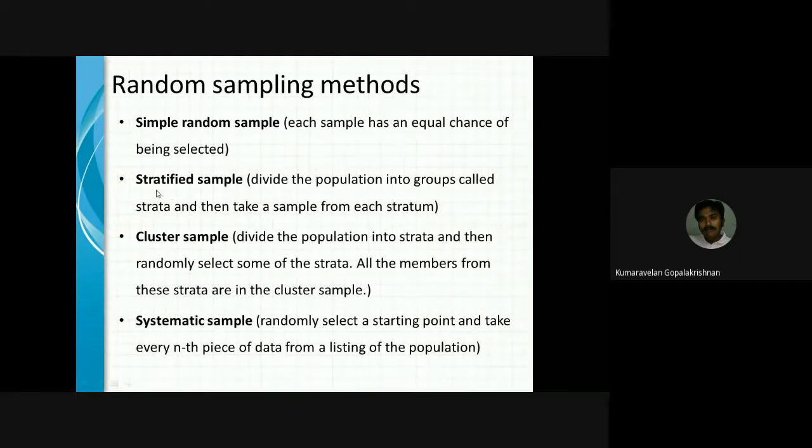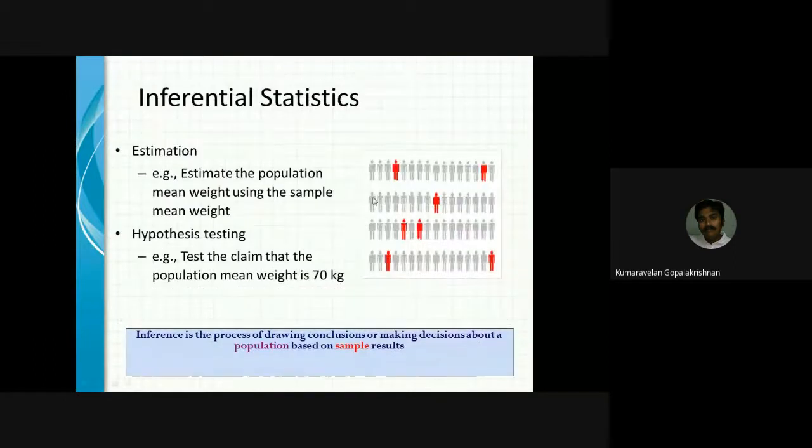Next is stratified sample. That means I divide the population into groups, otherwise called strata. Once the strata are formed, I take a sample from each stratum. That is called stratified sample. For example, here there is a group of people, and I divided them into strata.